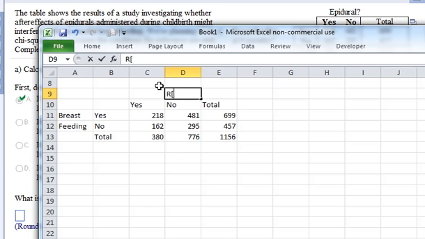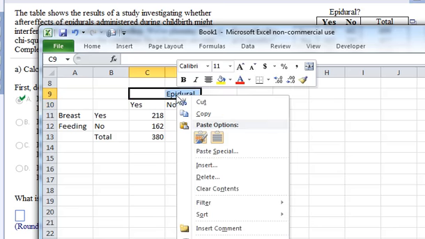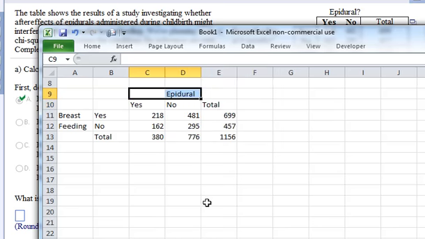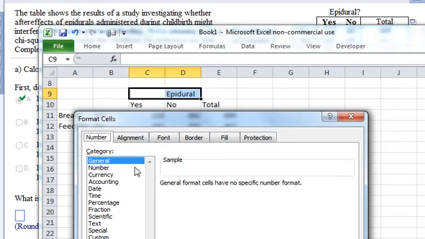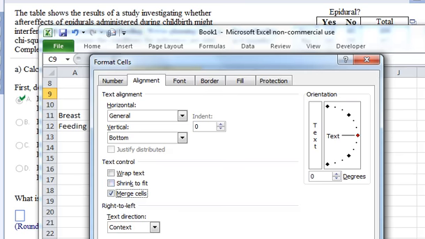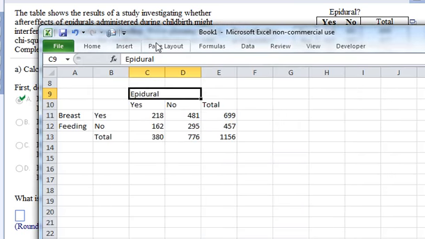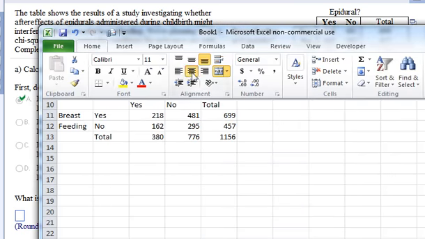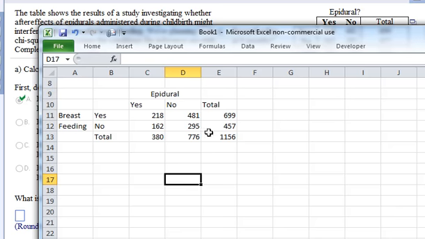These are the epidural numbers, whether they had one or didn't. And if you want, you can be fancy and merge these cells and center them so it looks a little better.